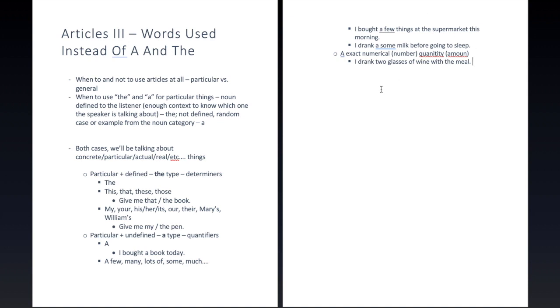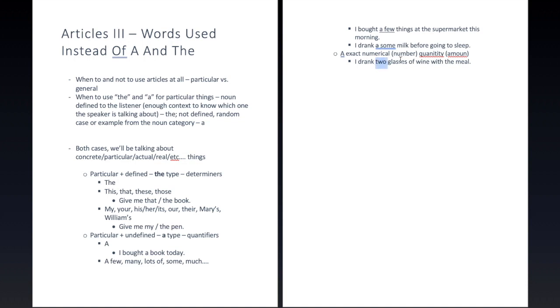Now, this 2 here actually gives this the same kind of meaning. These glasses, are they real glasses? Yes, they are. And can I say a? No, I can't. And so I'm giving it this quantity, 2. And this 2 is taking the place of a, or it's where a would be if a worked, and it's telling us the same kind of thing.